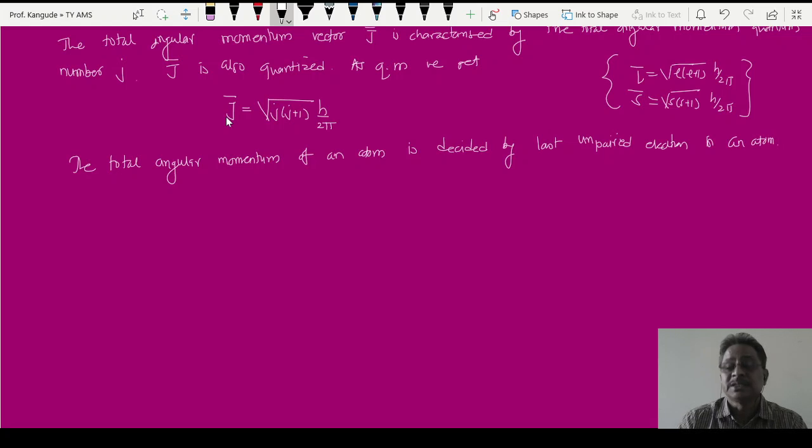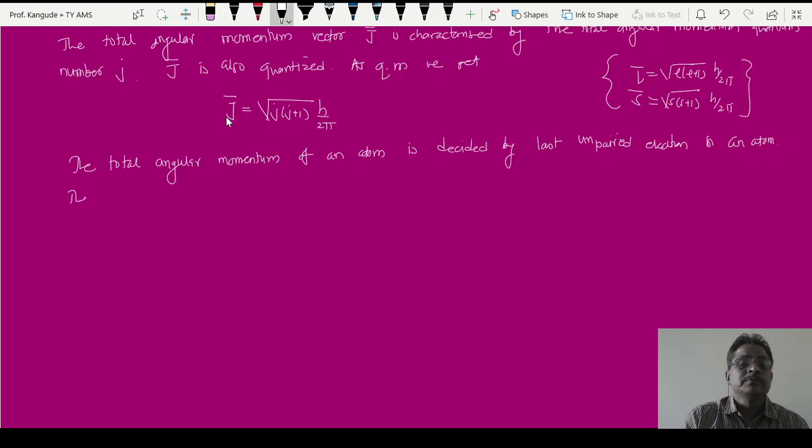Since we are discussing a one valence electron system, whenever one electron remains unpaired in the first shell, second shell, third shell, whatever it may be, that unpaired electron decides the total angular momentum of the atom. This is to be remembered here.